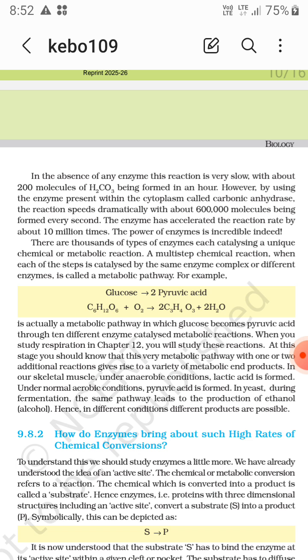Okay, so this is a metabolic pathway in which glucose becomes pyruvic acid through 10 different enzyme catalyzed metabolic reactions.